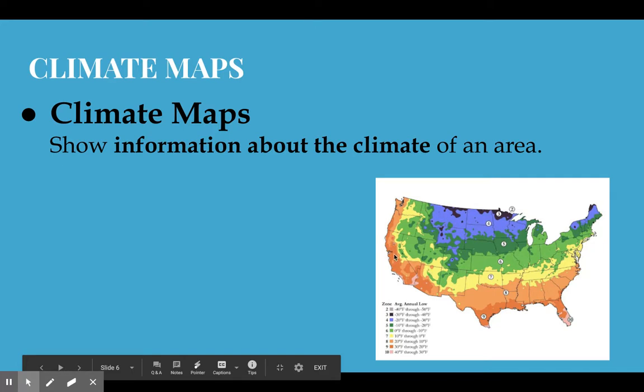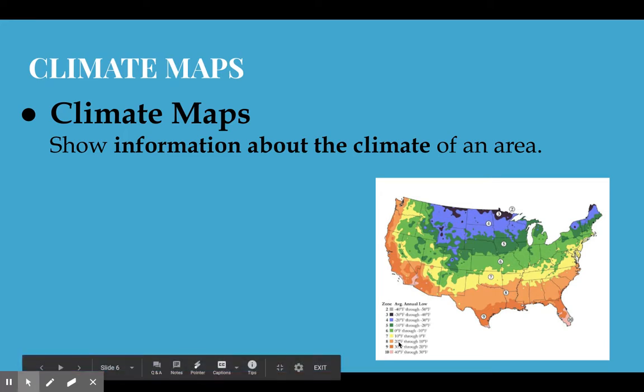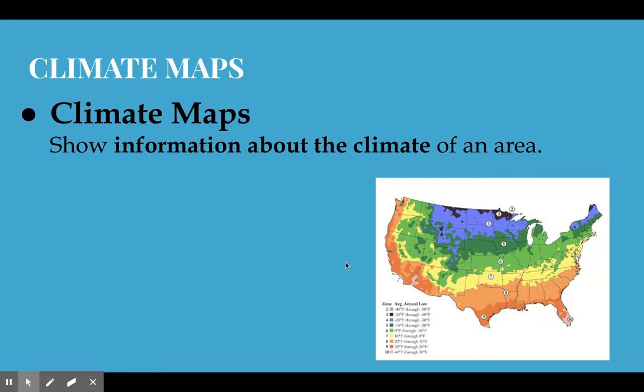So let's see, California is like here. This climate. What does that say? Can't read it. Too old. Your young eyes can read it and see what that is. But it breaks the country up into its climate zones.